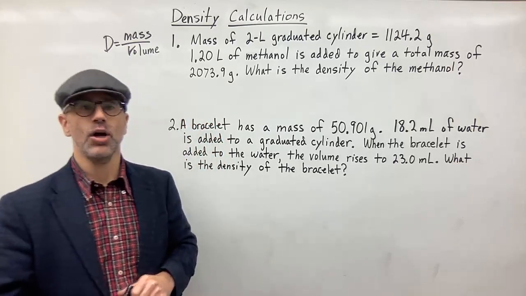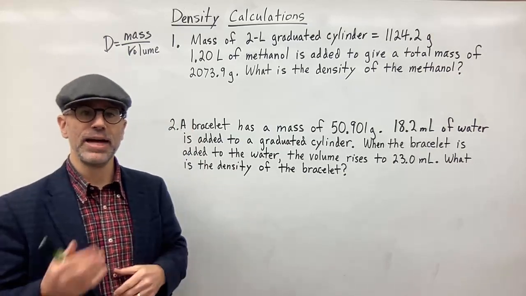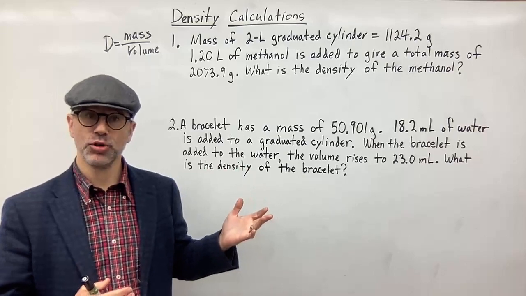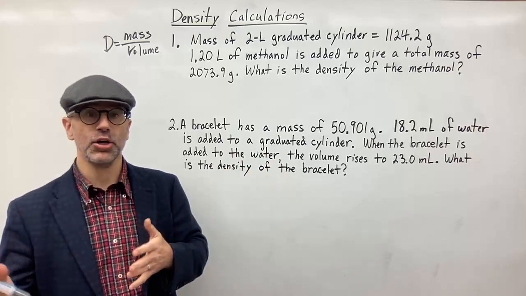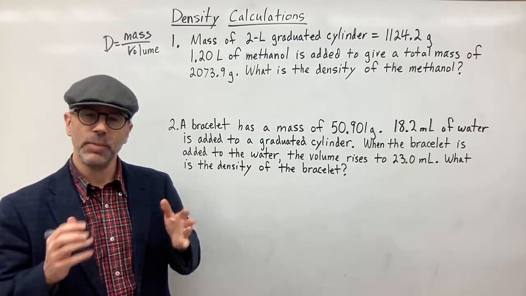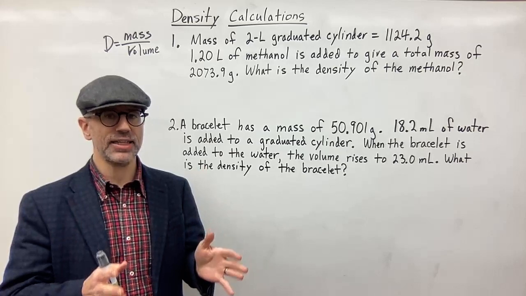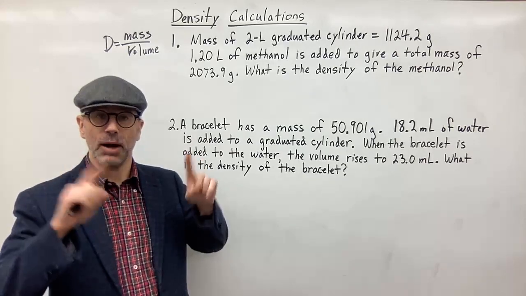Was it given to you? How did you find the volume? Was it given to you? In order to find mass or volume, you might have to subtract one mass from another or one volume from another. But remember, the rule for adding and subtracting is different when you're talking about rounding.